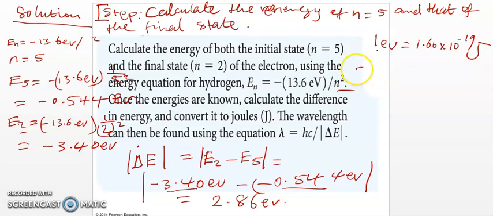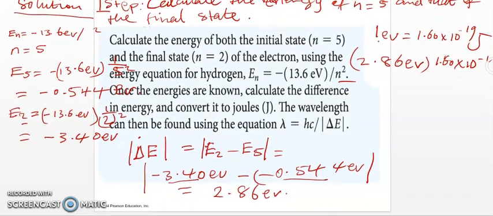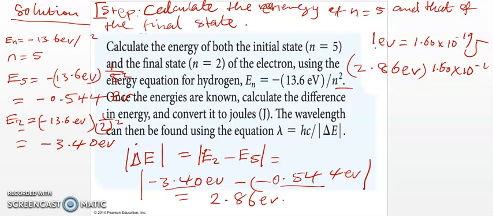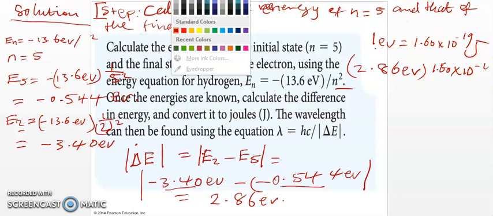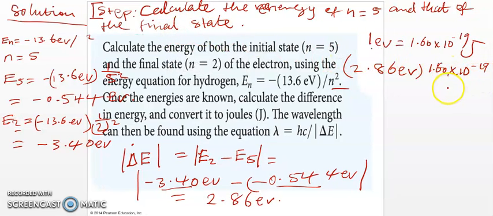We take 2.86 electron volt, multiply it by 1.60 times 10 negative 19, then divide by 1 electron volt.